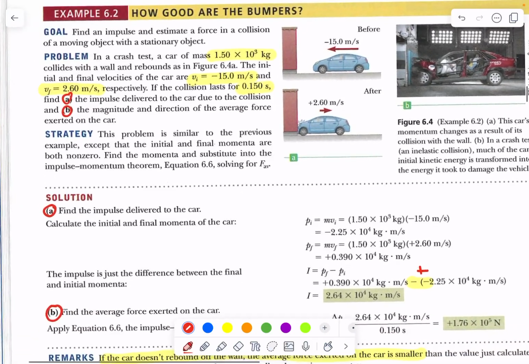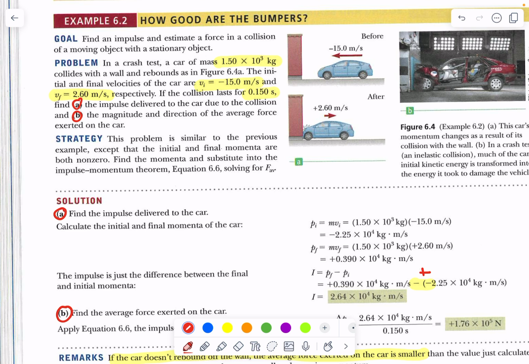Here's another example about bumpers. In a crash test, we're given the mass of a car, 1.5 metric tons, and we have the initial and final velocities of the car, and this is very important. One of the velocities has to be negative because the direction of the car is changing. So if we decide going to the left is negative, that means going to the right is positive.